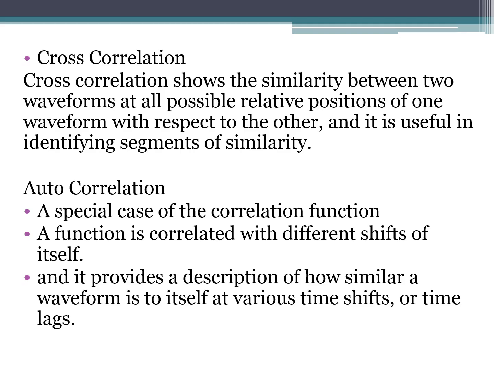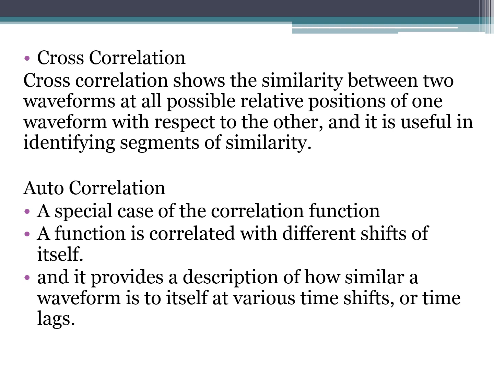It is useful in identifying the segment of similarity between two functions, as in the example I gave, finding the presence of alpha rhythm in an EEG signal. To do so, you will cross correlate this signal with the signal having alpha rhythm.